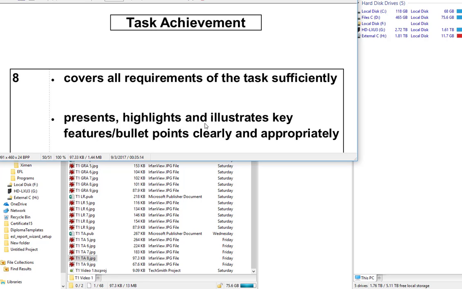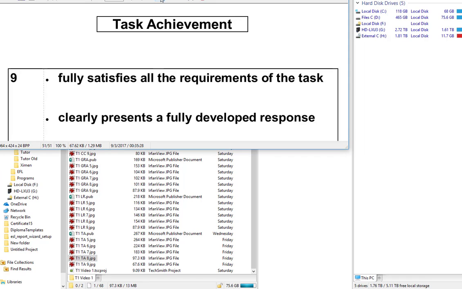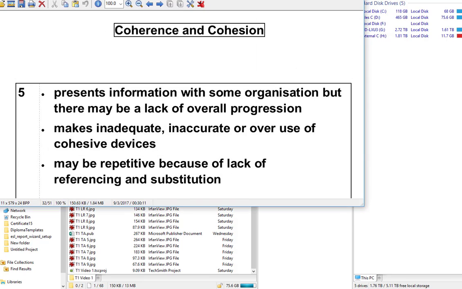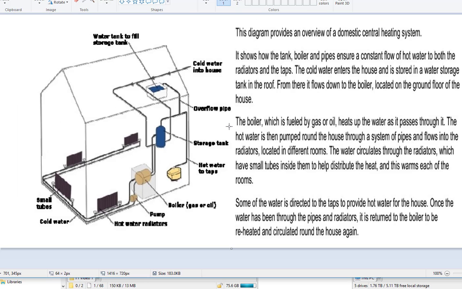All the major points are covered succinctly. I don't see why this couldn't get a 9. It's really well written. Okay, let's move on and have a look at the coherence and cohesion.